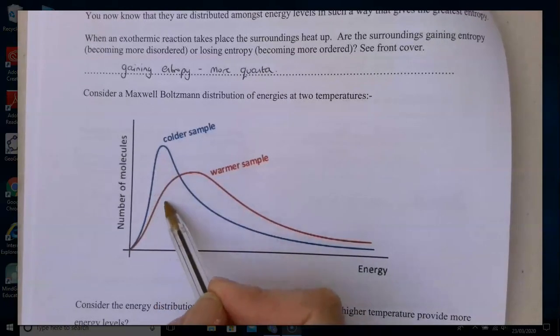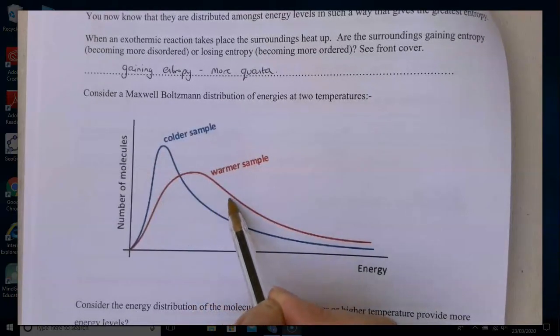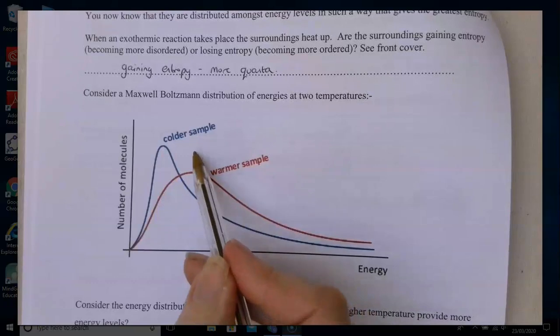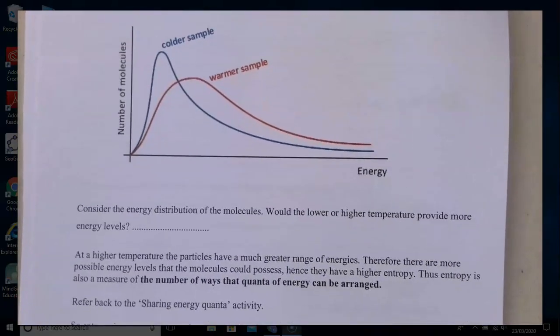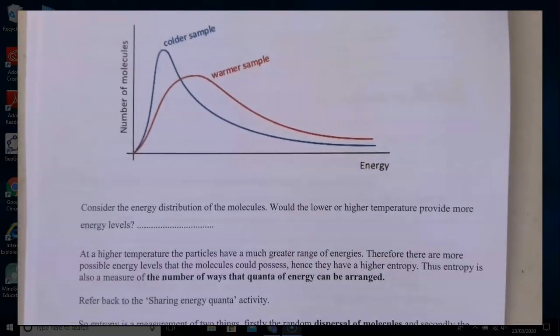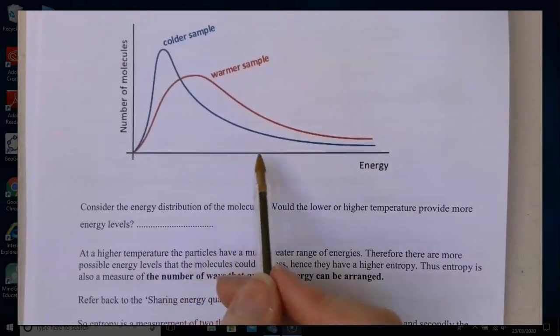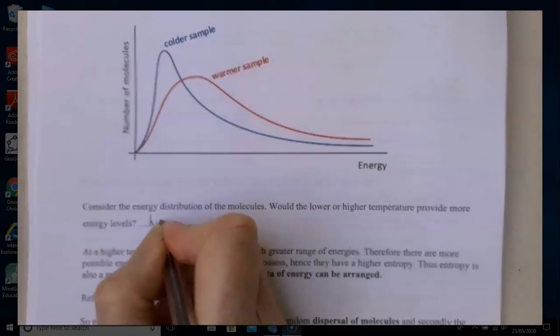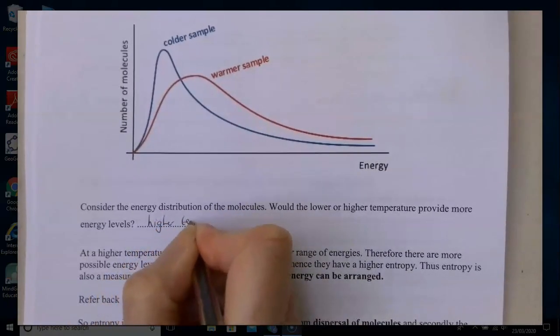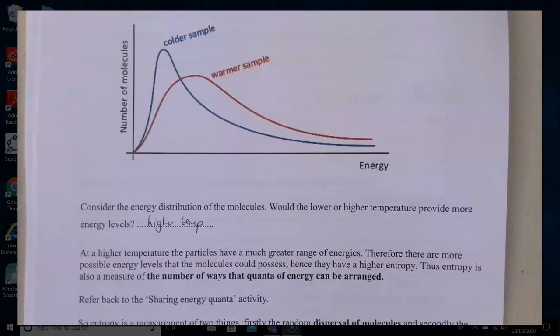Whereas this warmer sample, there's a lower peak, but the energies are more spread out. Okay, so that's the difference between a cold and a warm sample. So the higher the temperature level, the more spread of energy we can get. So that's a higher temperature gives me more ways that I can arrange things.